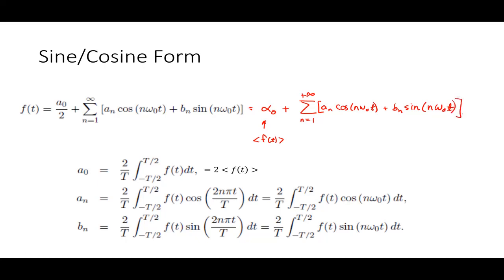That's a completely valid way to write this expression. But because they defined A naught to be 2 times the average, I have to state that in this case, alpha naught is equal to A naught over 2.